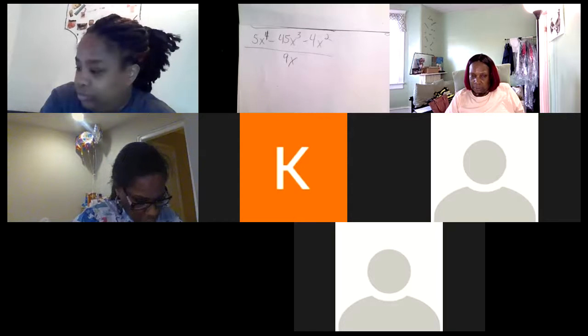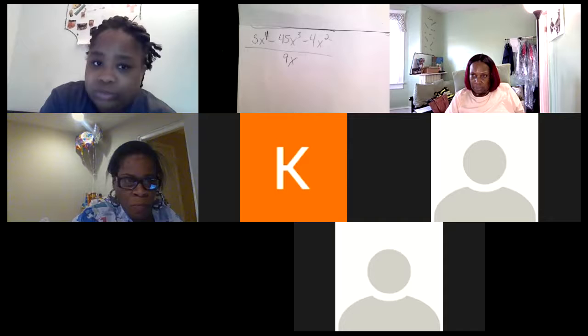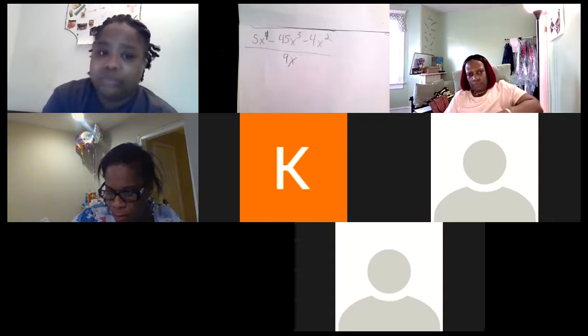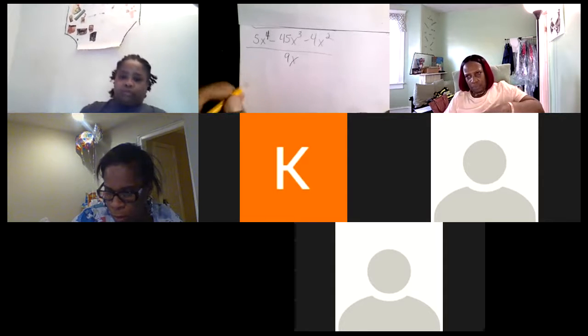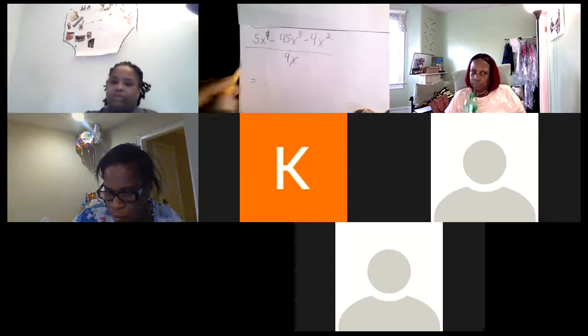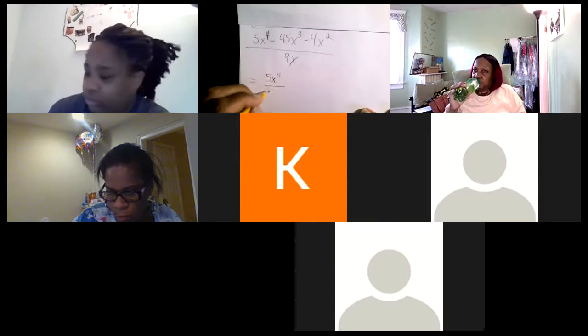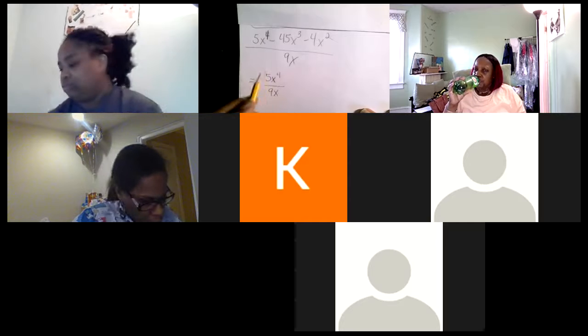Oh, you know what? Let me go back to the whiteboard. Can you explain it, Professor? Yeah, please. Okay, let's do that. So we've got to split these up. First fraction.